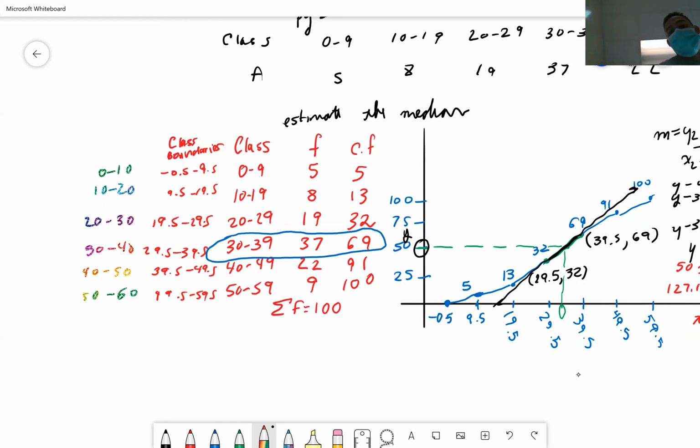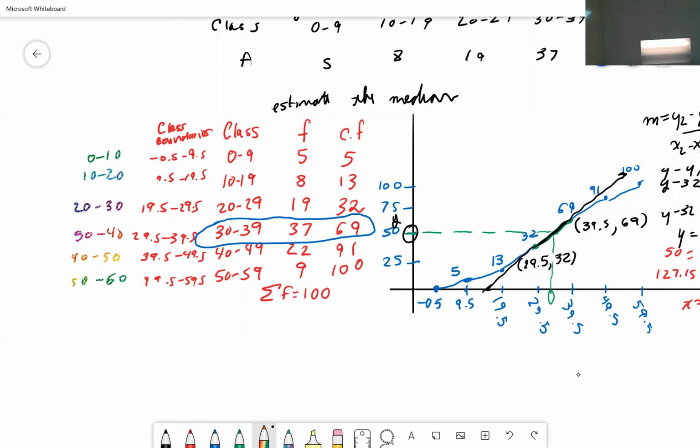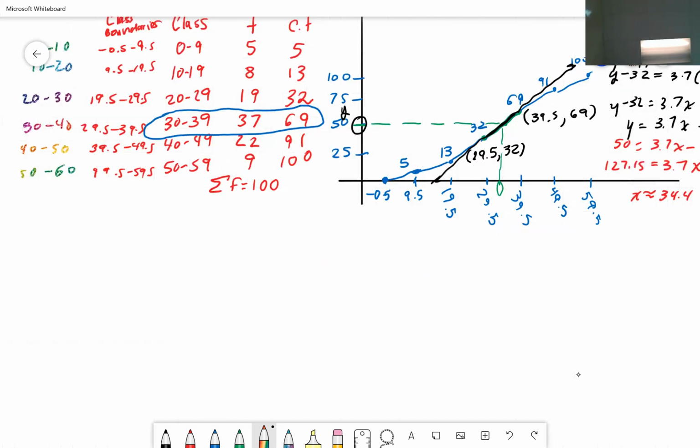So all I'm gonna do is, I guess, I'll make a little bubble. I'm gonna scroll it up a little bit.